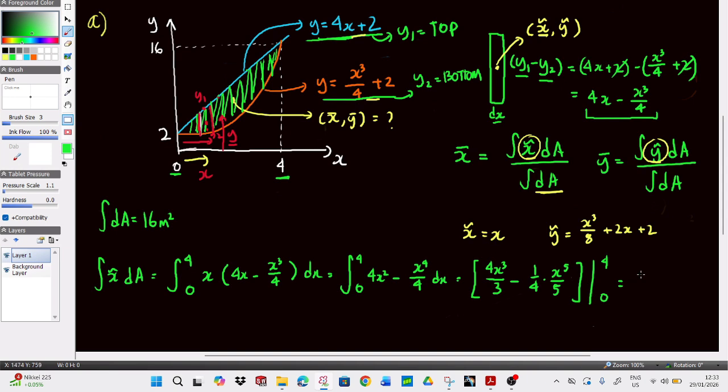You'd get 512 over 15, and here you put meter cubed. You put meter cubed because our x is in meters and our dA is in meters squared, so the unit will be meter cubed. Let me just erase this.